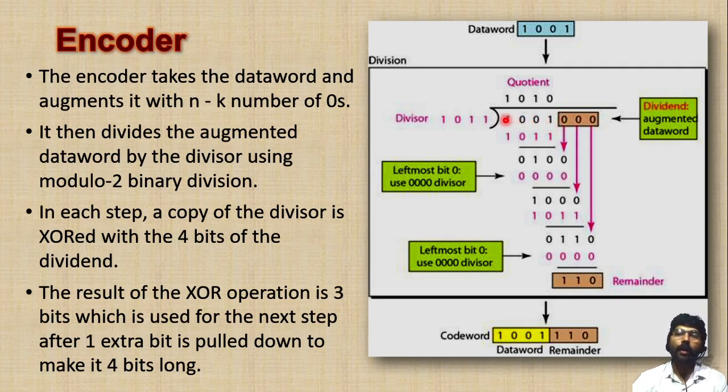Now I have a divisor here, that is 1011. This divisor is agreed upon by both sender and receiver. That means both the encoder and decoder use the same divisor. Now using this divisor, I have to do modulo 2 division, binary division, on this value.